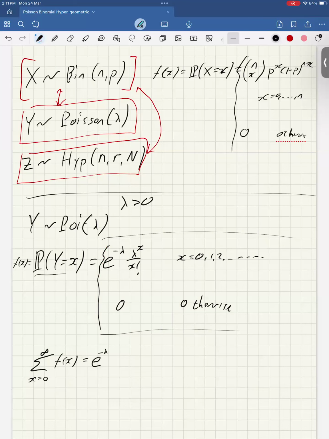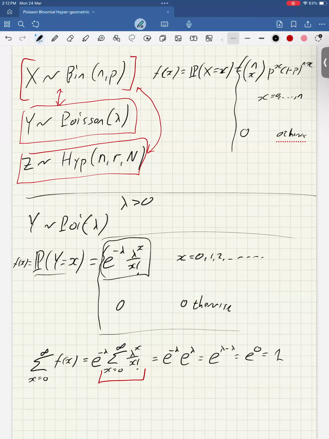So that's e to the minus lambda times the sum x going 0 to infinity of lambda to the power x divided by x factorial. But this sum is nothing but the Maclaurin series, or the Taylor series around 0, for e to the power lambda. So what we get is e to the minus lambda times e to the power lambda, and that's e to the lambda minus lambda, or e to the 0, or 1.